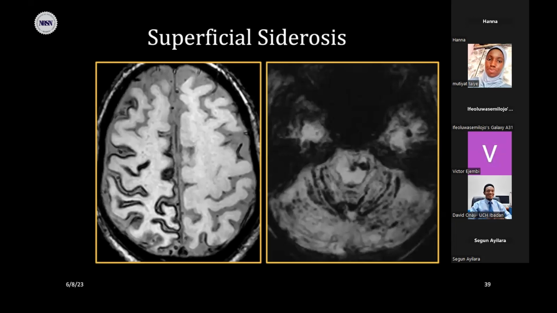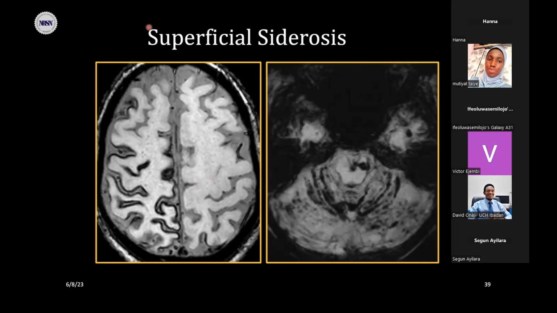Rare, but it does occur, is the presence of hemosiderosis or staining of blood along the brain parenchyma in superficial siderosis. And a study shows that about 50% of patients that had superficial siderosis had some CSF leaks also.